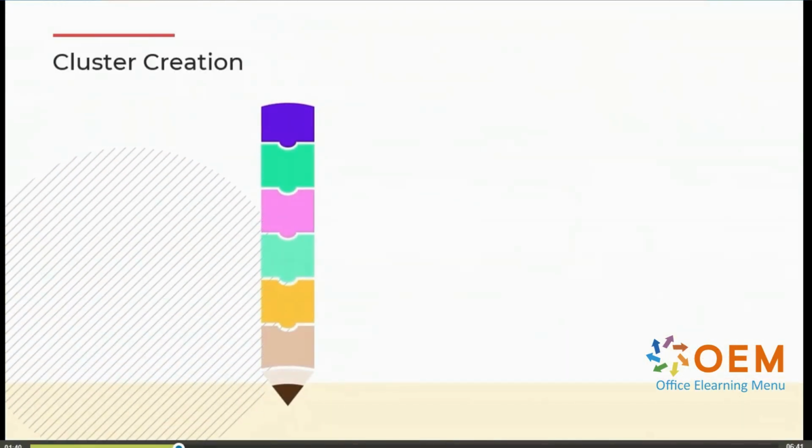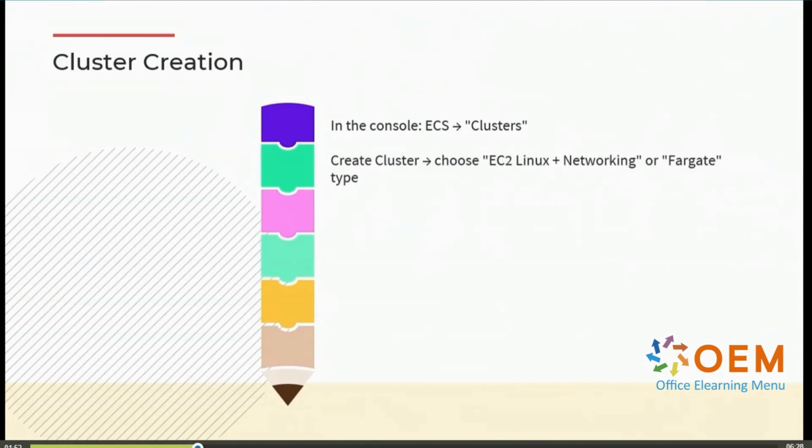So how do we create a cluster? Well, to begin creating an ECS cluster, you first navigate to the Amazon ECS service in the AWS Management Console and select the Clusters section. During the cluster creation wizard, you'll be prompted to choose your desired cluster template or launch type, either EC2 or Fargate for serverless compute.